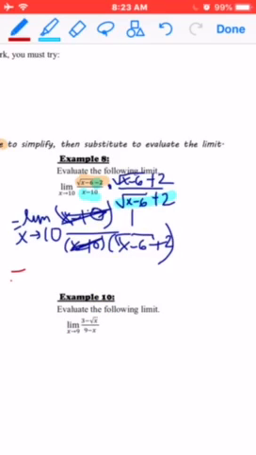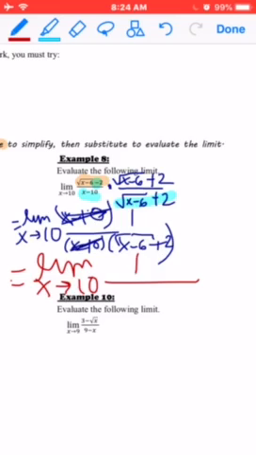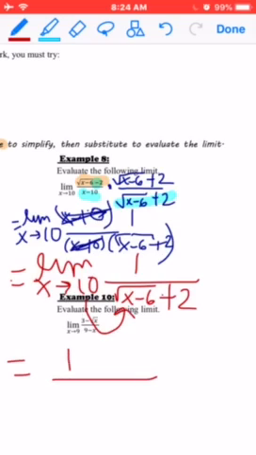Let me rewrite this, and then we're going to substitute 10 in. This equals the limit as x approaches 10 of 1 over square root of x minus 6 plus 2. Substituting 10, this equals 1 over square root of 10 minus 6 plus 2.